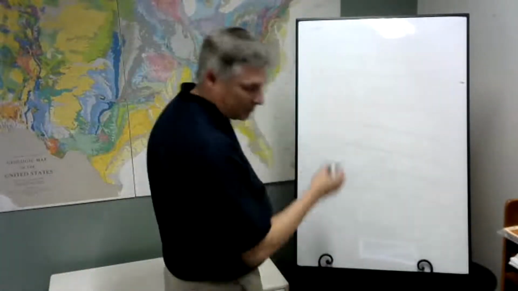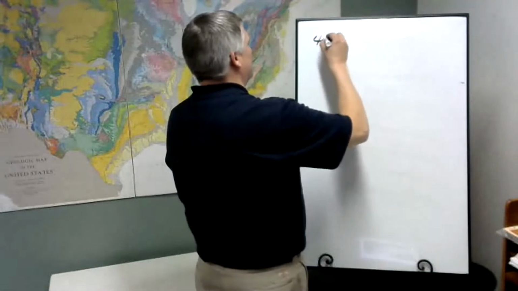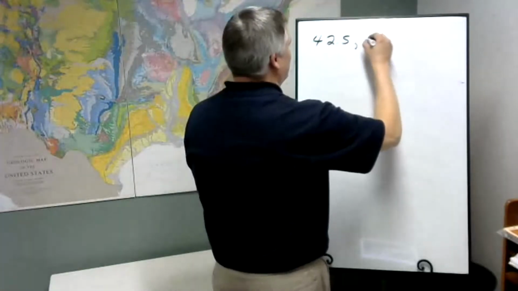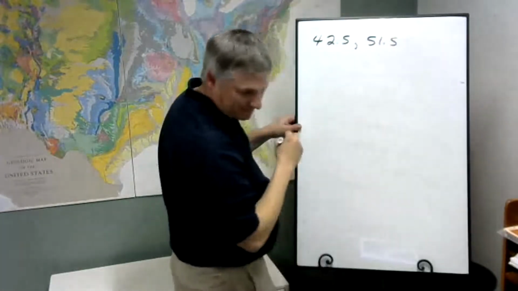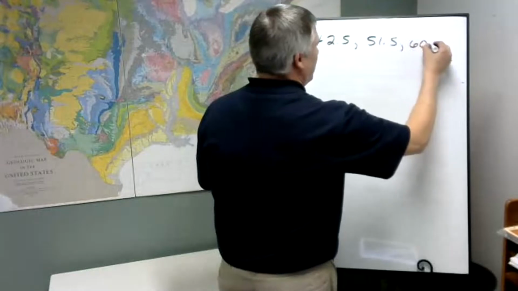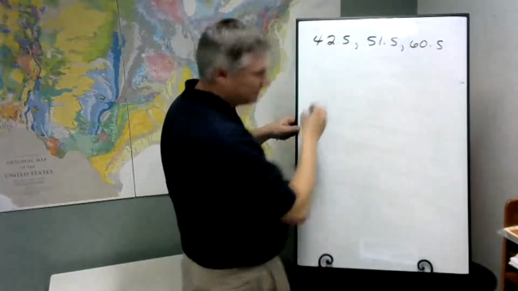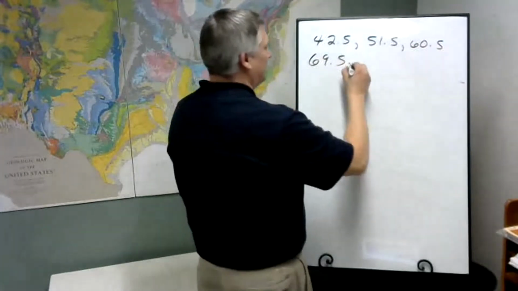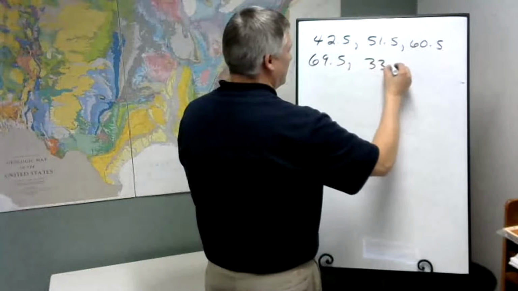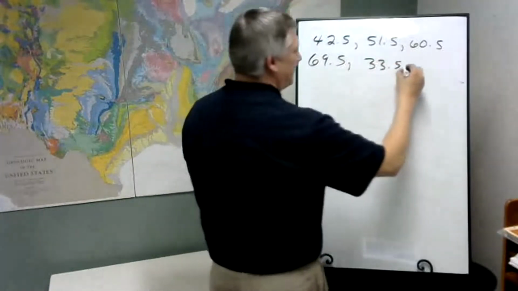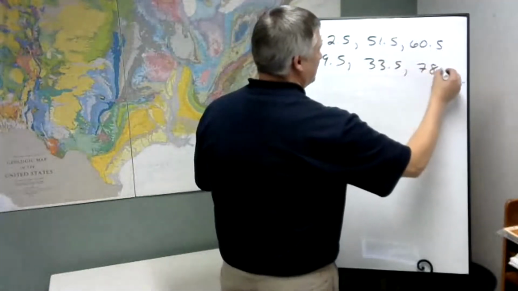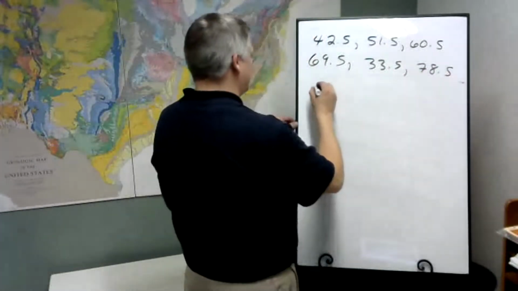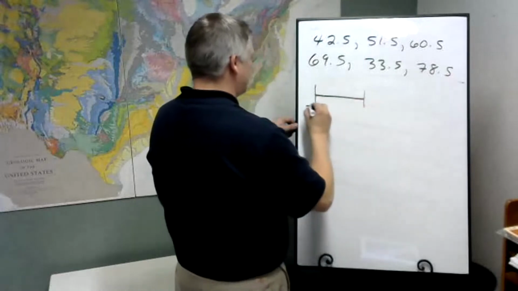So what we're going to do with those will turn out to be 42.5, 51.5, 60.5, 69.5, and then finally the lowest boundary point, 33.5, and the highest one, 78.5.